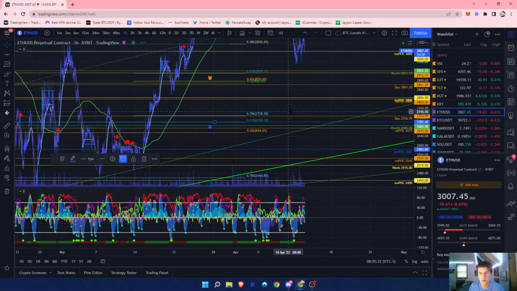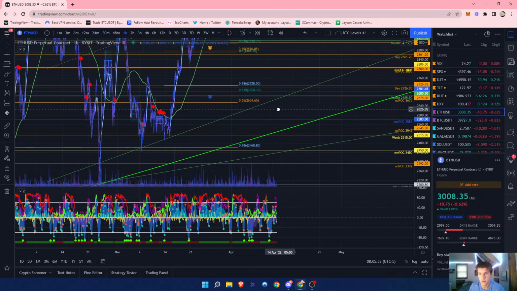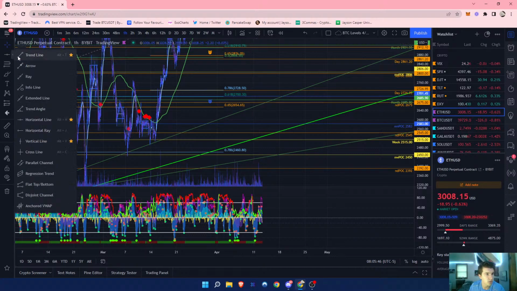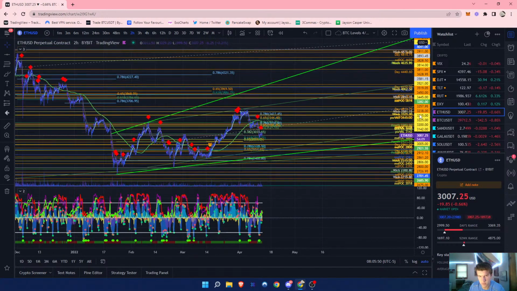All right, trade number 2. This would be another swing long. Is this zone of support right here. So with this, let me zoom in a little bit.